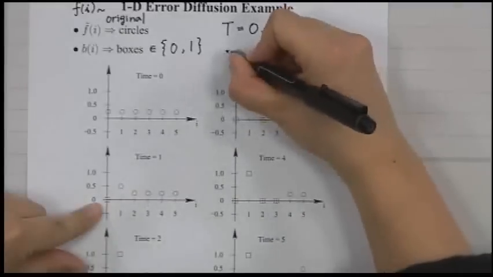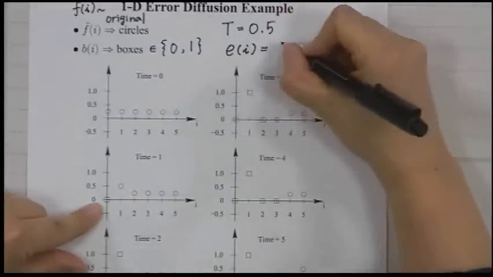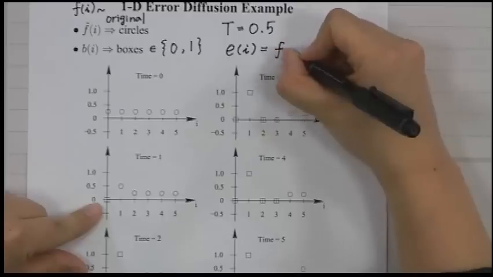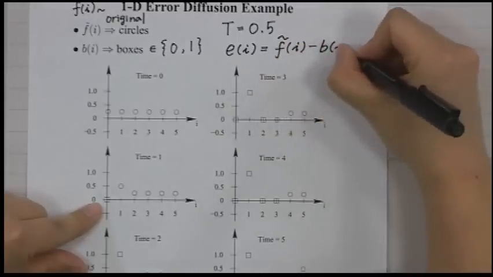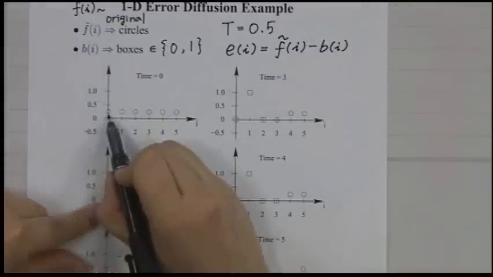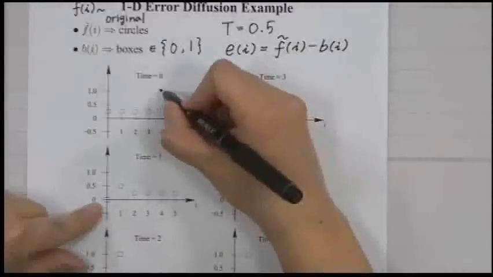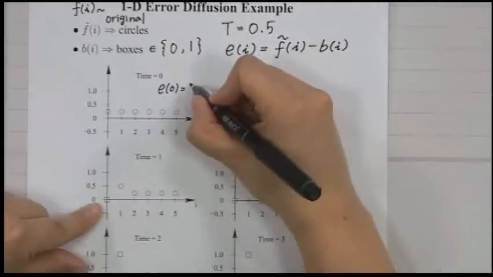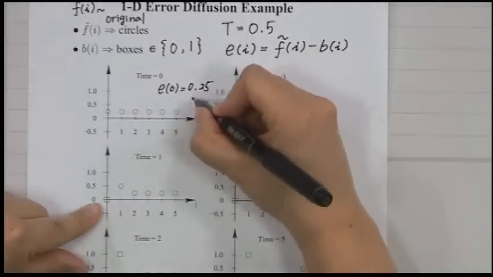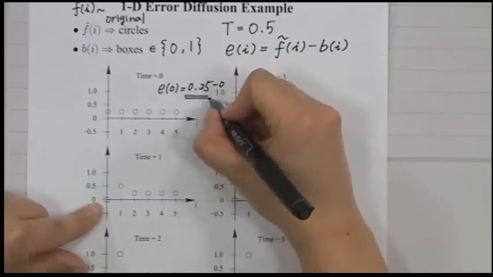The definition of the error is e_i = F tilde_i minus b_i. So this 0.25 snaps to 0, and the error created here was 0.25 minus 0, so 0.25.